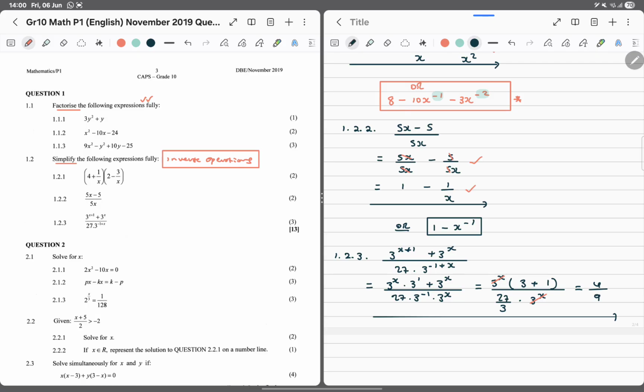So now folks, I just want to highlight something. Please avoid, this is 3 to the exponent x plus 1. Avoid saying 3 to the power of x plus 1. For example, if you read this as 3 to the power of x plus 1, do you know what you are saying?